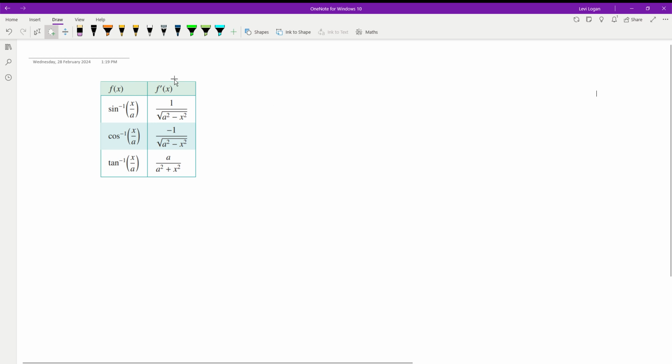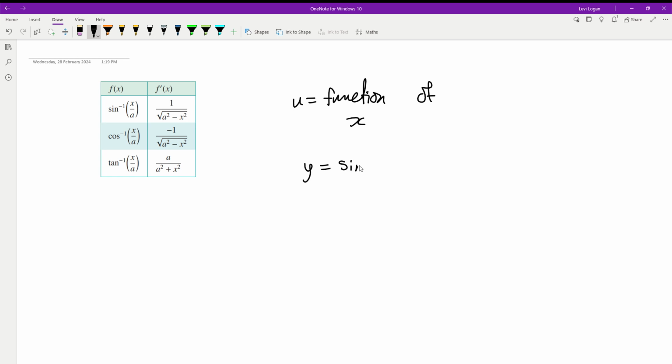Let u be a function of x, and if you have y equals sine inverse of u, that means dy dx will be u dash over the square root of 1 minus u squared. Okay, and from that you can pretty much work it out, and the other way you can double check is you can integrate it and you should get the same result.